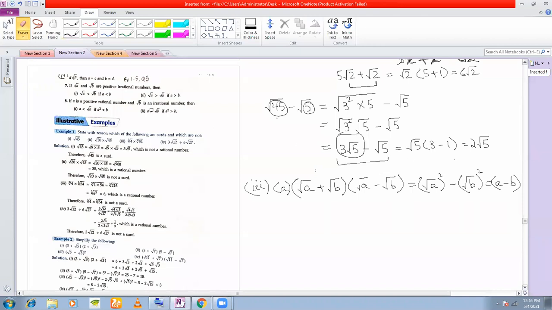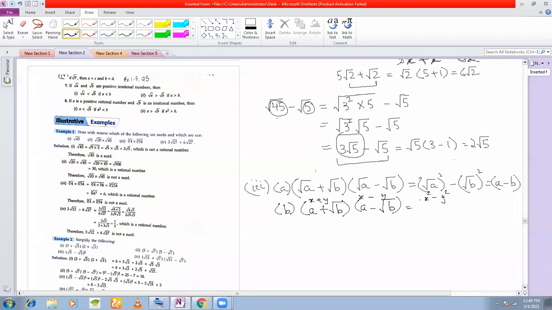The next remark is a plus root b into a minus root b. How do you multiply these two? Also, what you see here is, this is also of the form x plus y into x minus y. So the result will also be x square minus y square.